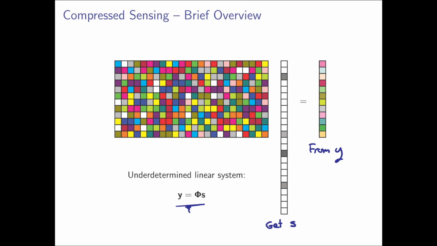However, we're interested in recovering not an arbitrary solution, but the original sparse vector S. In fact, I should say that we're not interested in a specific instance of a compressed sensing problem. What we want is to review conditions that will make it possible to recover sparse vector S with high probability.